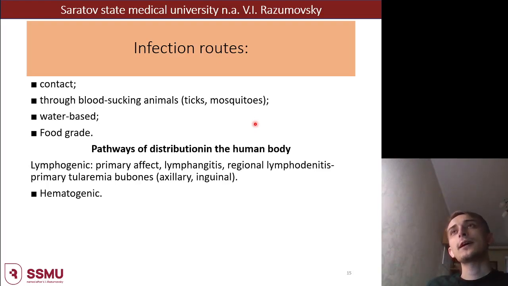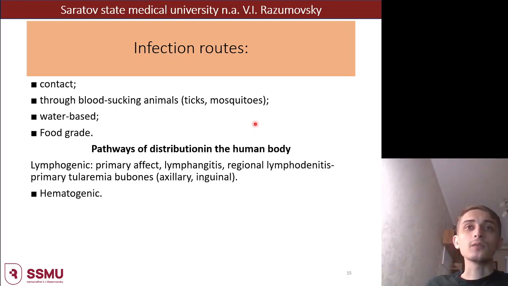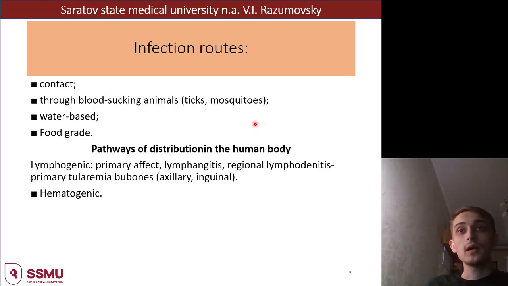The different ways of spreading lead to different clinical and anatomical manifestations, and we may see different localization and a different anatomical picture in association with the route of infection. Pathways of distribution in the human body, or ways of dissemination, may be lymphogenic and hematogenic.